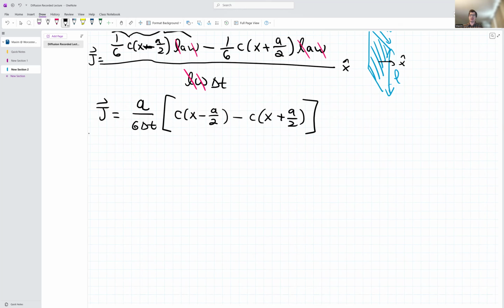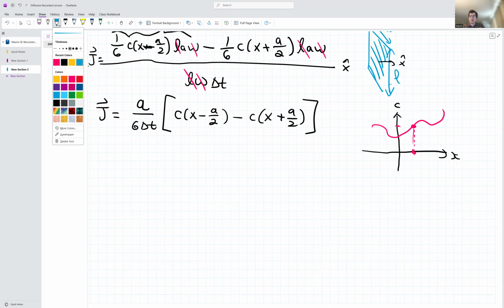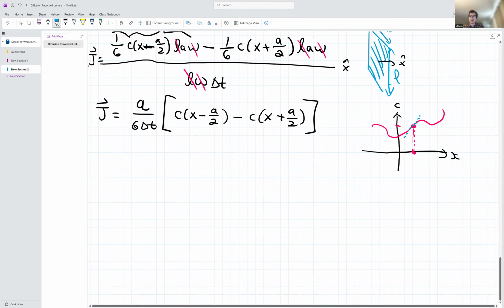If you haven't seen any calculus, this might be totally meaningless to you, but if you have a function of x that's smoothly varying, and you want to know its behavior at a certain point, it's described by the value of the function at that point. And then you can look at the variation of this function around that point by considering the local slope.